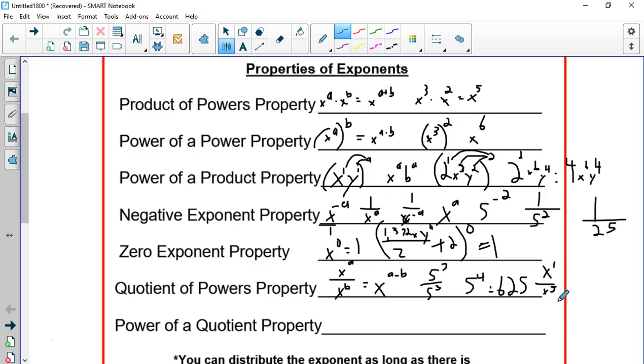Well, technically, we should do 1 minus 5 and get x to the negative 4, and then we have to move that downstairs. Just seems like more work to me. Simple question. Where do I have more x's? On the bottom. How many more? 4 more. Boom. Done. It just seems to me to create more work to subtract it than move it. I just like to do it that way personally.